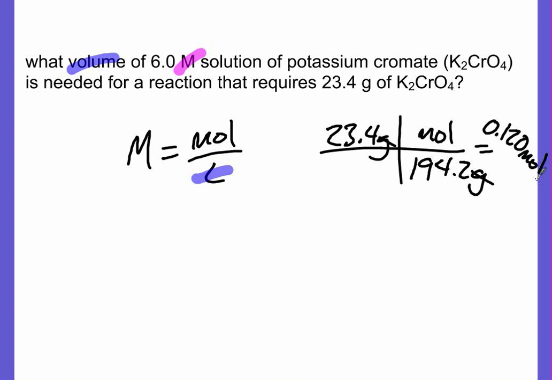And then I plug in what I know into my equation over here and just solve for whatever I need to solve for. So I have this 6.0 molar value is going to be equal to 0.120 moles divided by a certain volume here that I don't actually know.